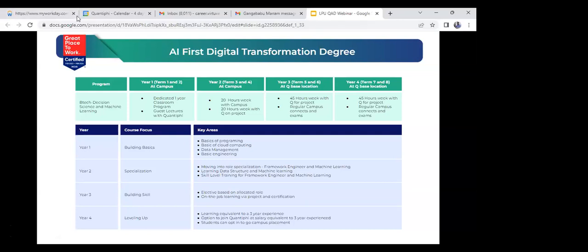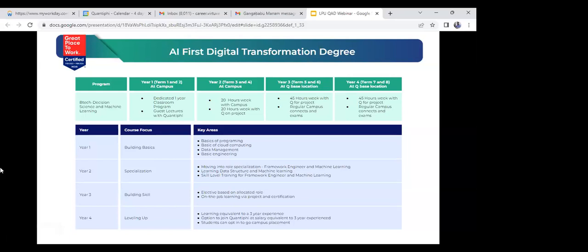In year 2, you get 20 hours of work with campus and 20 hours with Quantifi projects. This whole curriculum is very finely defined. You can find it once you join the course as well. You can see how many credits go into each subject, what is practical, what is theoretical, and what the project-related weightage is. This is still year 2. In year 3 and year 4, you're completely dedicated to Quantifi.